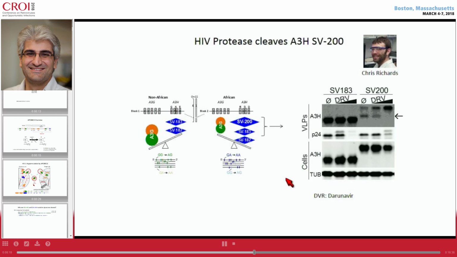But for the SV200 version, he observed a single band in cells but 2 bands in viral particles. Our first guess was that this is HIV protease, which cleaves this splice variant specifically. To test this idea, he used the protease inhibitor darunavir, and the band went away.